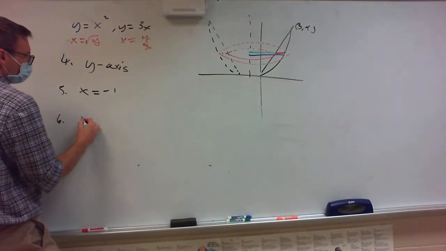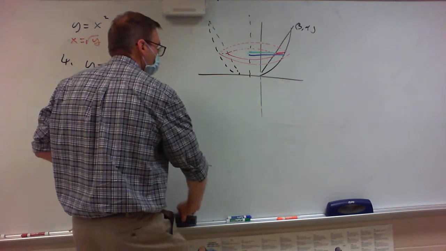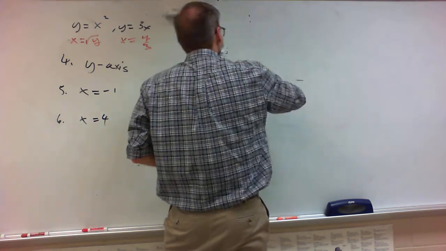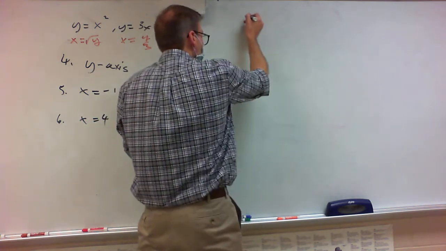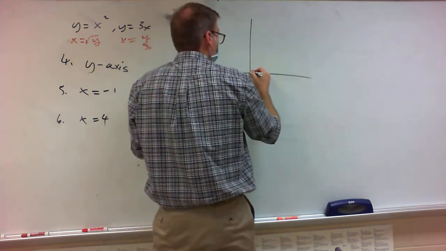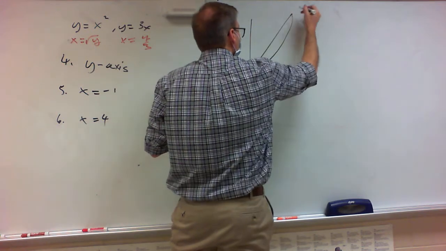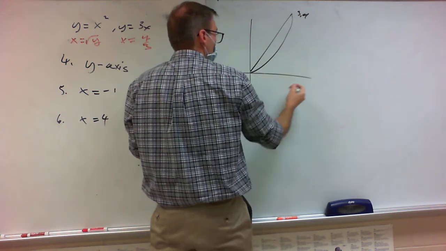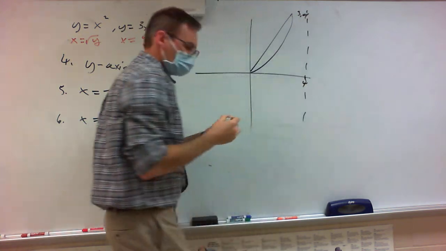Okay, so we're going to revolve this around x equals 4. I'm going to draw the picture. Let's see, this does this. Here's x equals 4. And here's my experiment.